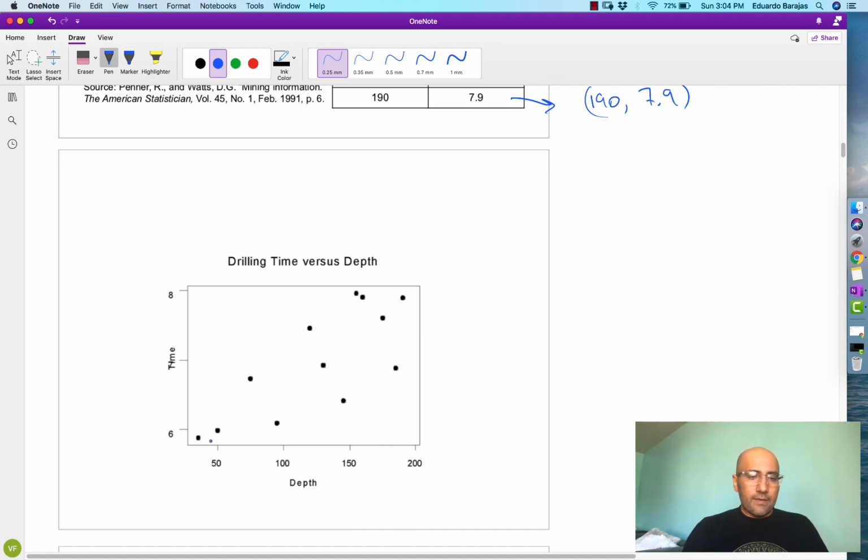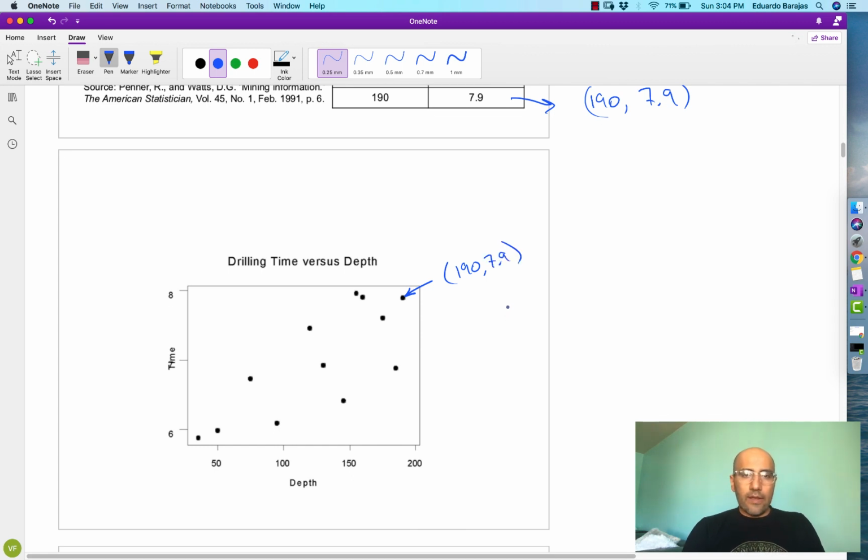So for example, the 190 comma 7.9, that's probably roughly this point right here. This point right there, that little dot, is the ordered pair 190 comma 7.9.